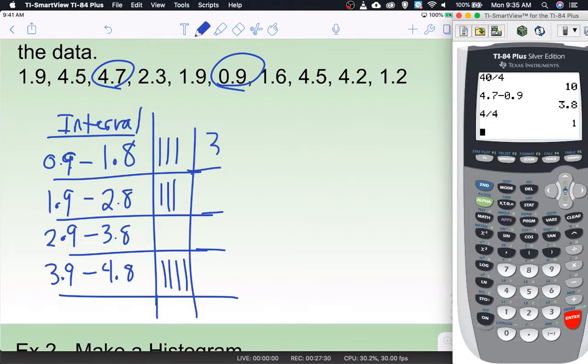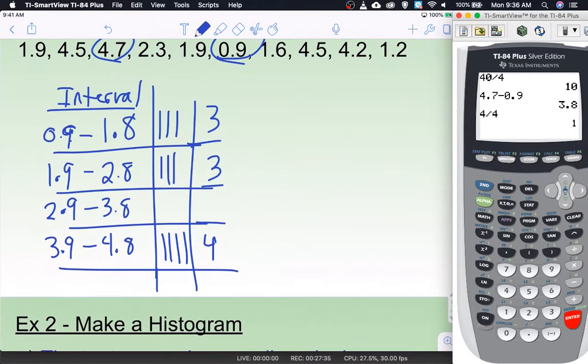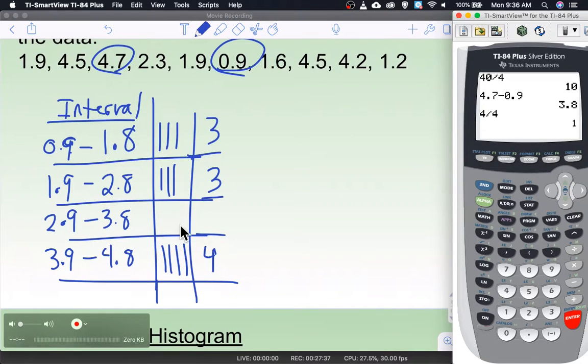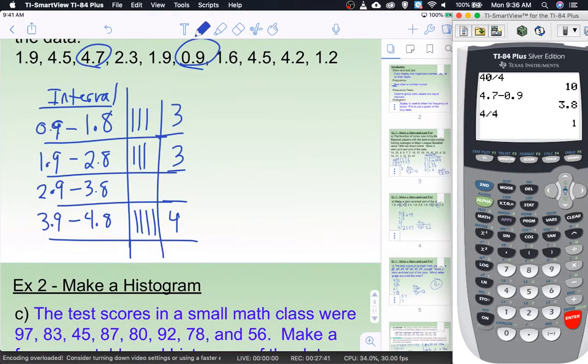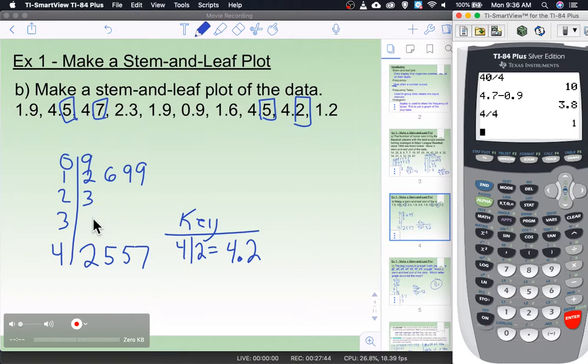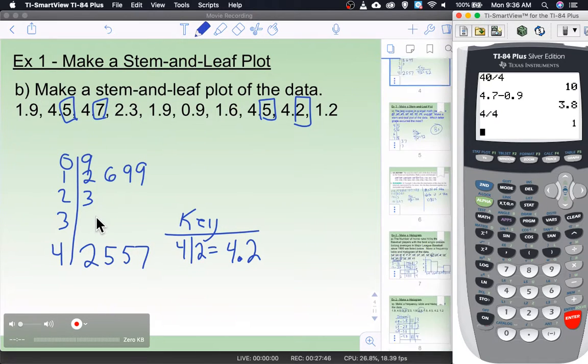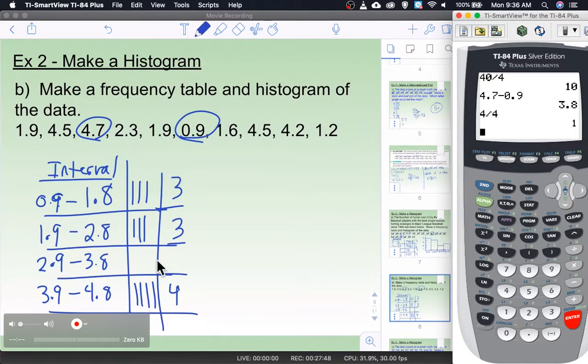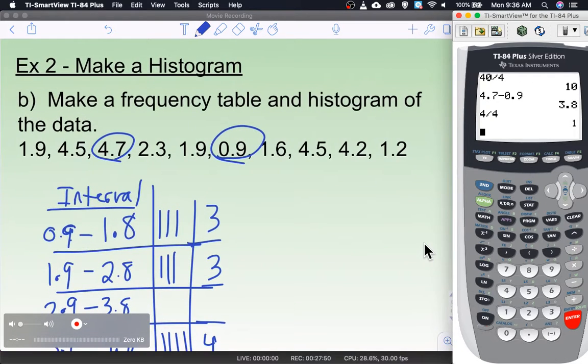That is 3, 3, and 4. So now our histogram would still have, even though there's nothing in here, just like when we did the stem and leaf plot. Let me find it. There it is. The stem and leaf plot had nothing in this 3.0 range. Our histogram is not going to have anything in that range either, which is okay.